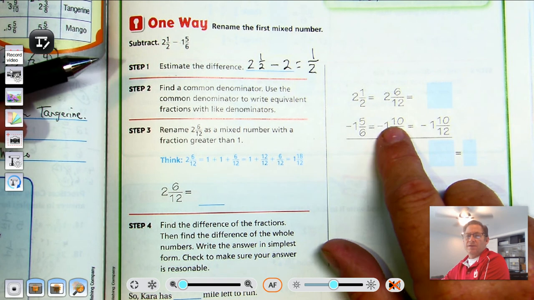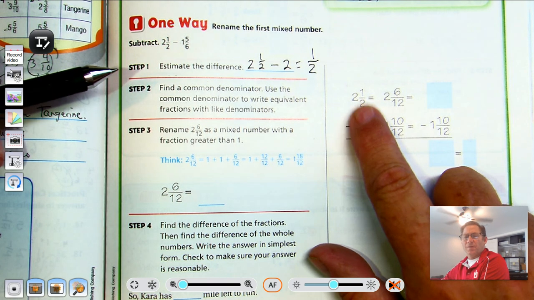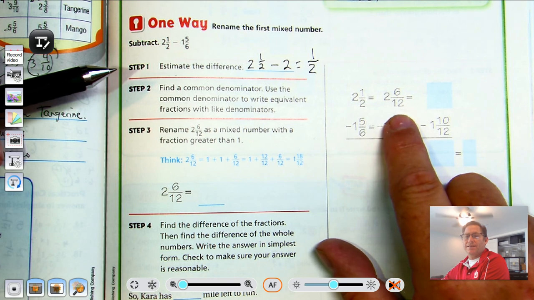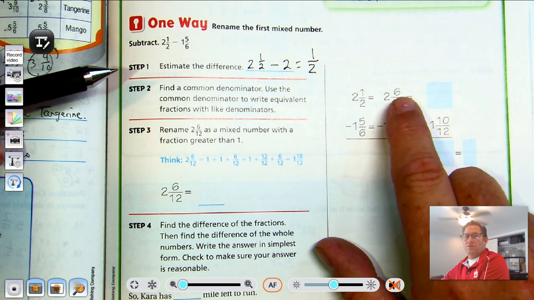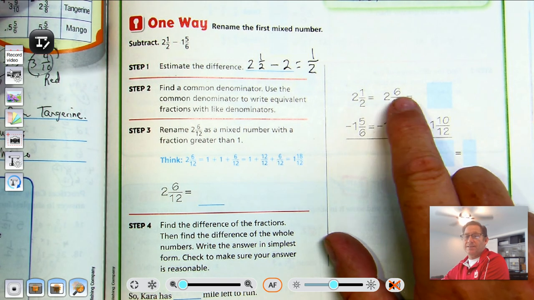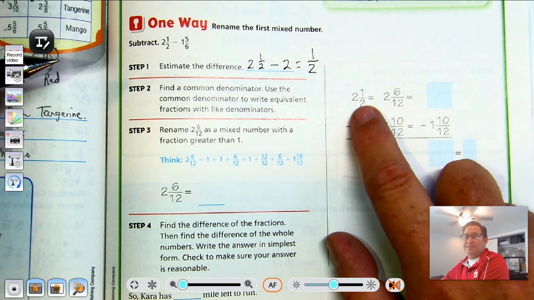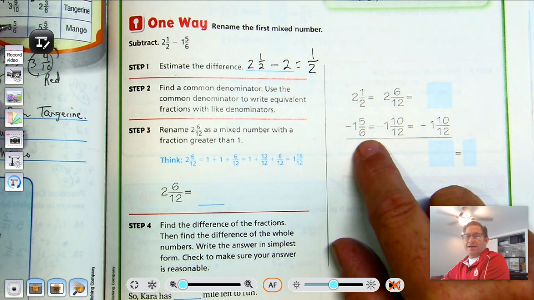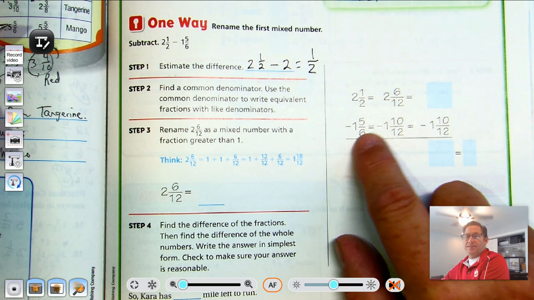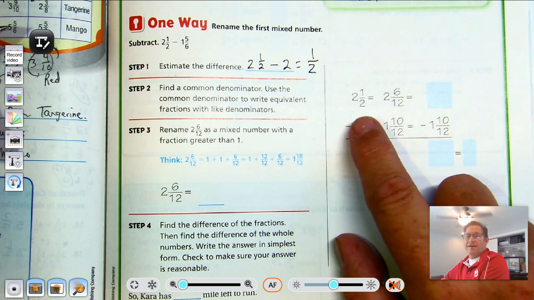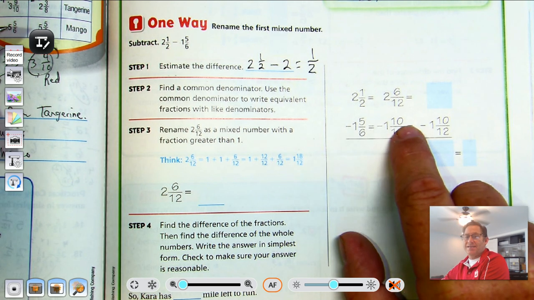So 6 times 2 gives me 12. 2 times what is 12? 6, right? So 2 and 6/12 is the same as 2 and 1/2. And for 1 and 5/6, if I multiply the 6 by 2, that gives me 12, and 5 times 2 gives me 10.